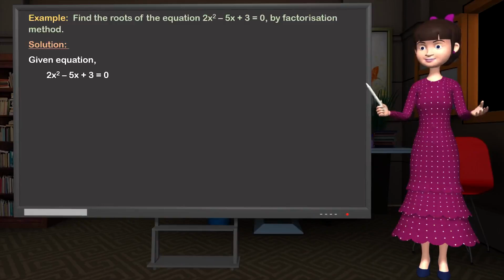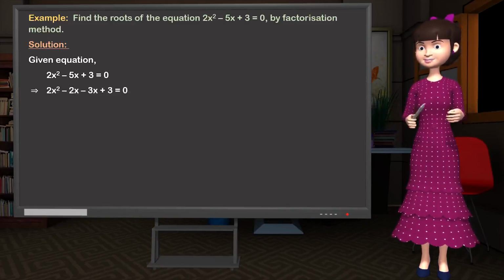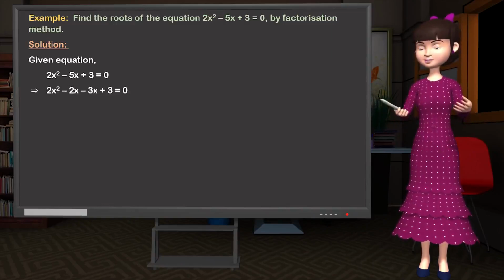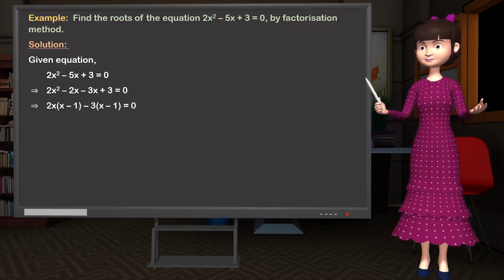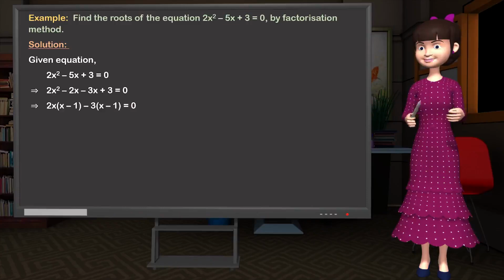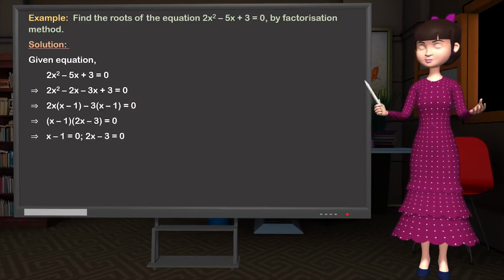Splitting the middle term minus 5x, we get 2x squared minus 2x minus 3x plus 3 equal to 0, which is equal to 2x into x minus 1 minus 3 into x minus 1 equal to 0, which gives x minus 1 into 2x minus 3 is equal to 0.